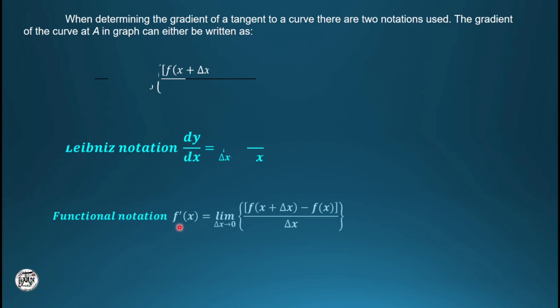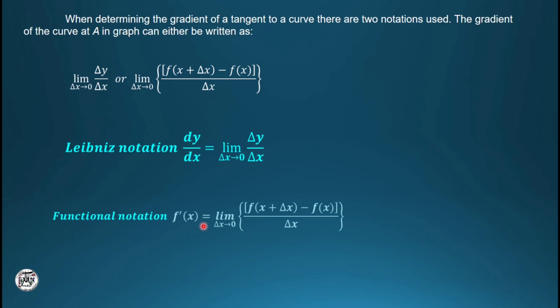The first derivative of f of x, where the apostrophe indicates the first derivative, is equal to the limit of f of x plus delta x minus f of x over delta x, where delta x approaches 0. Take note, this form is called functional notation.